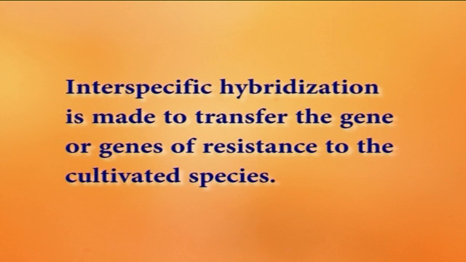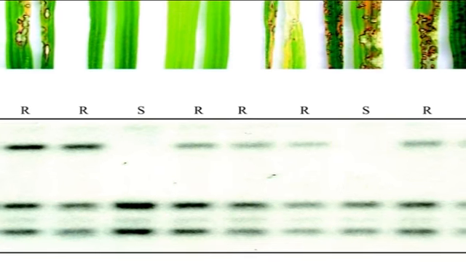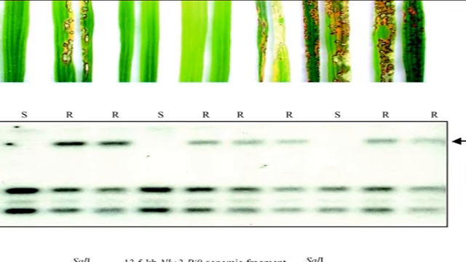A multiline variety is a composite of genetically similar lines except that each line possesses a different gene for resistance to the pathogen. Lines that are genetically similar except for one gene are called isolines. It is assumed that the gene for resistance in each isoline contributes resistance to a separate physiological race or group of races.